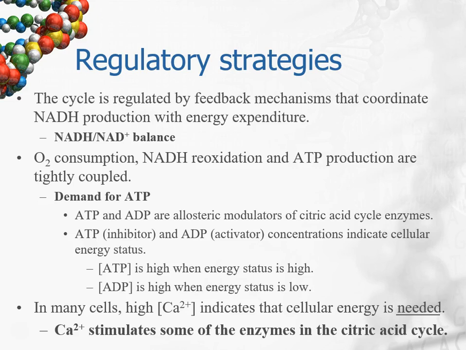That indicates ADP is needed, and ADP can act as an allosteric activator of some of these enzymes. We're going to add another layer of regulation that we haven't talked about before. In many cells, a high concentration of calcium indicates that cellular energy is needed, so we won't go over the reasons for that now. But we'll just say that high calcium concentration is an indication that cellular energy is needed. So in that way, calcium stimulates some of the enzymes in the citric acid cycle.